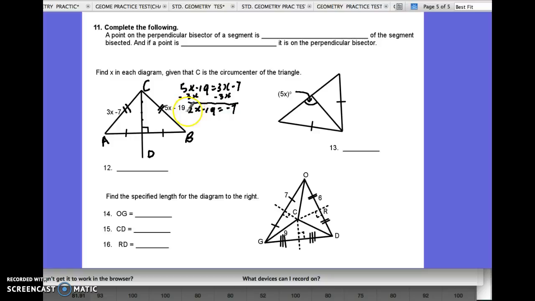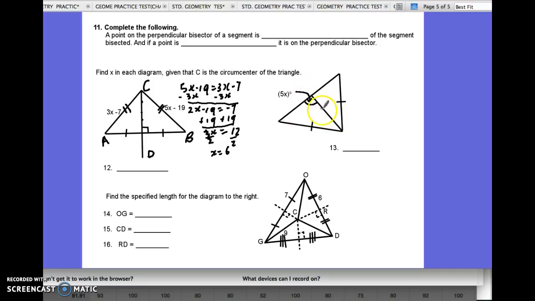And now, since we have the x term on the left of the equal sign, we want to have the number terms on the right, so I add 19. Two x then will be equal to a negative and a positive, so I'm going to subtract, and use the sign of the bigger one, which is positive. And now divide both sides by 2 and get x equals 6. X equals 6 would be for that one.